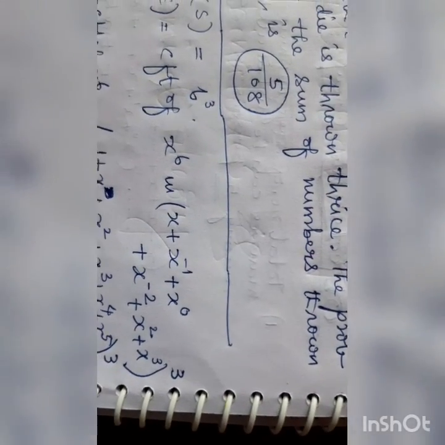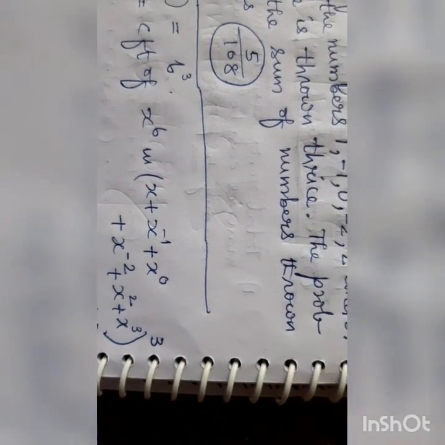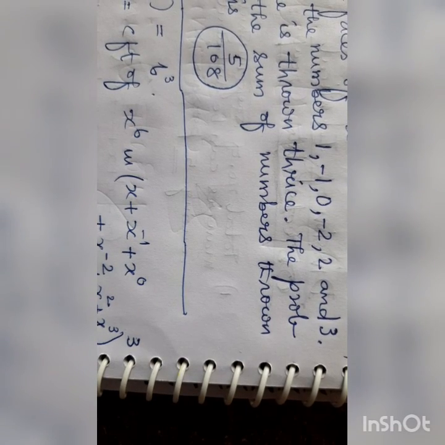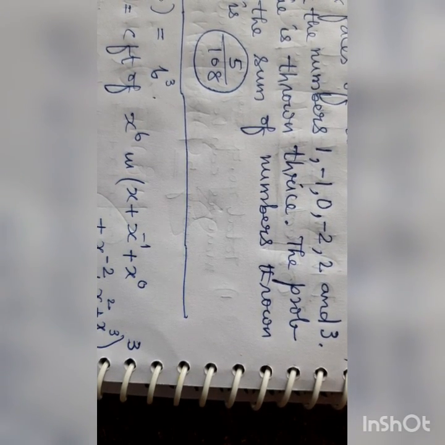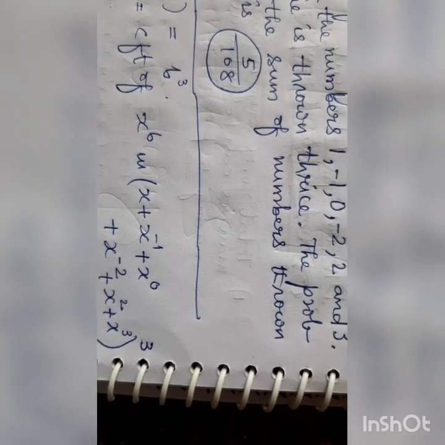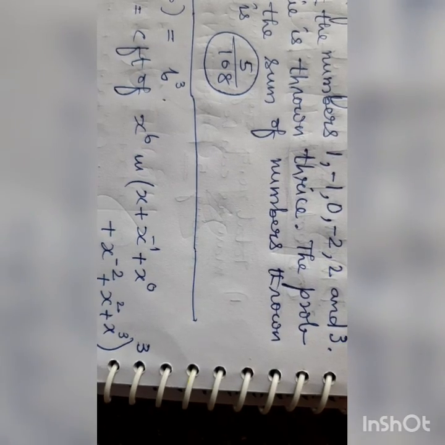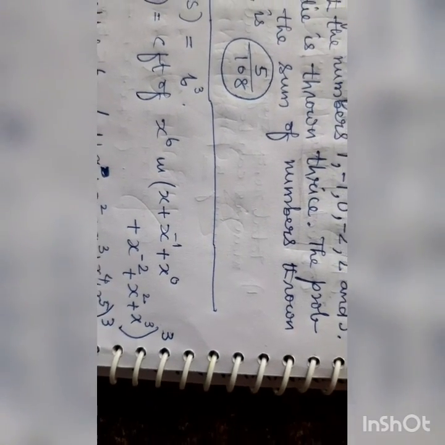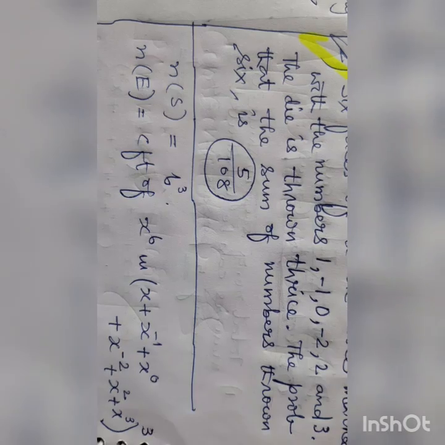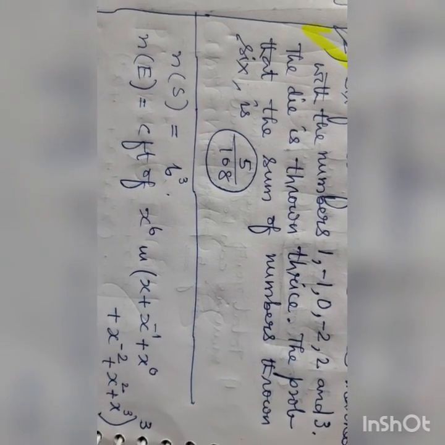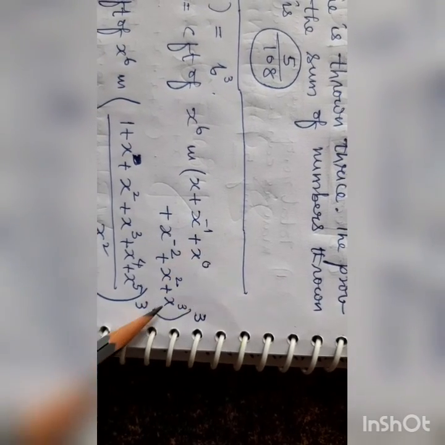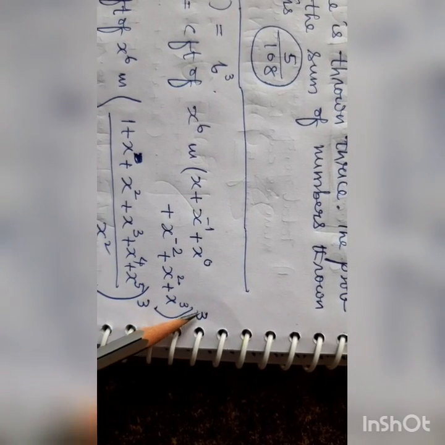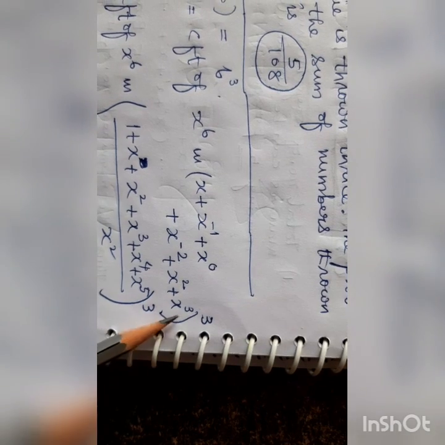Observe. 1, minus 1, 0, minus 2, 2, last 3. The die is thrown how many times? 3 times, thrice. So power 3, cube. Cube means thrice.